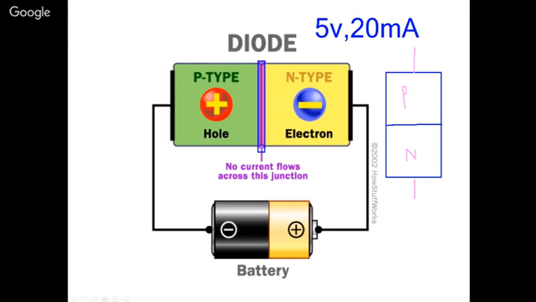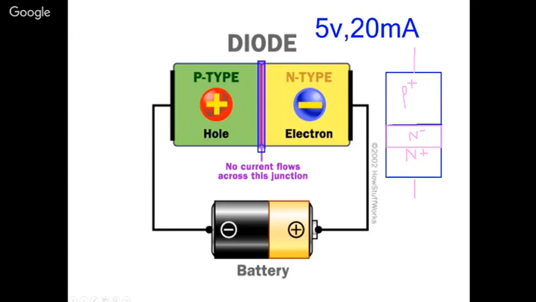So what I'm going to do is I'm going to introduce one more layer, that is an N minus layer. Okay, so I'm introducing here one more layer, and that layer I'm saying it is N minus. And I will make these two layers as P plus and N plus.